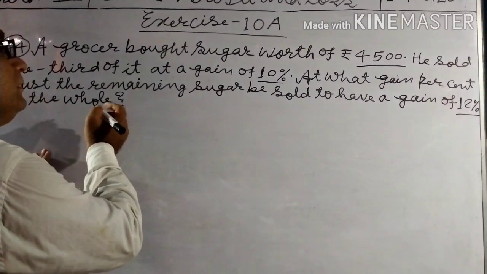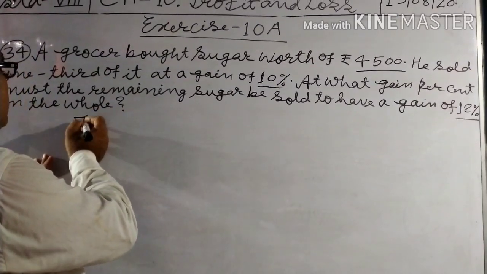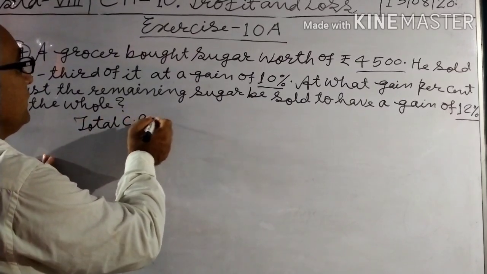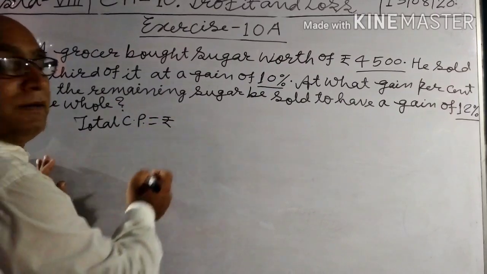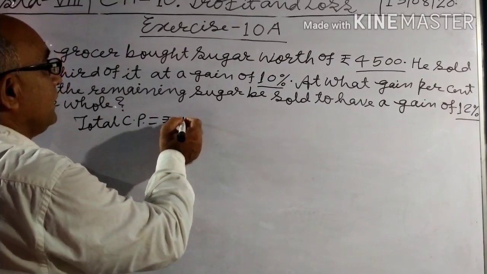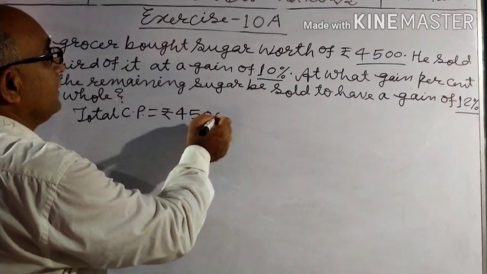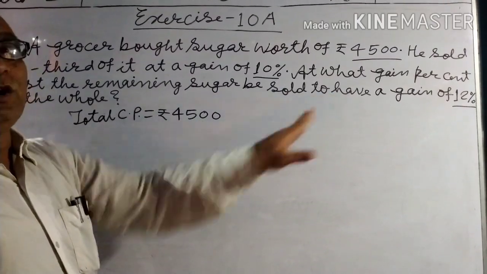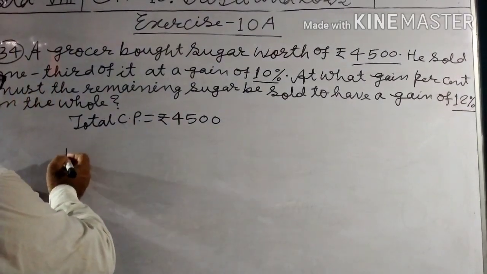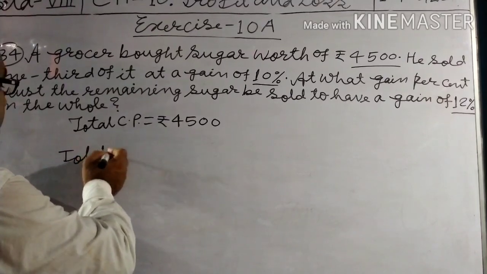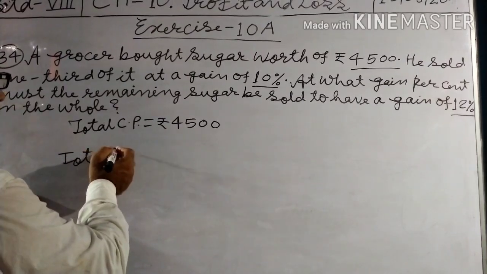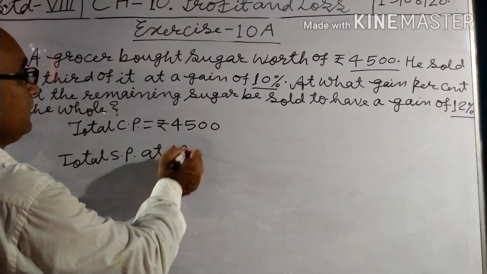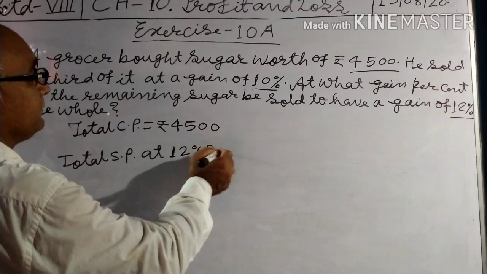Here total CP of sugar equals rupees 4,500. And find total SP at 12% gain.